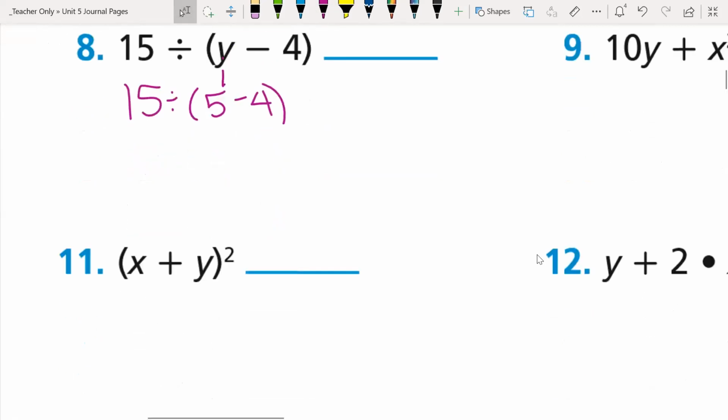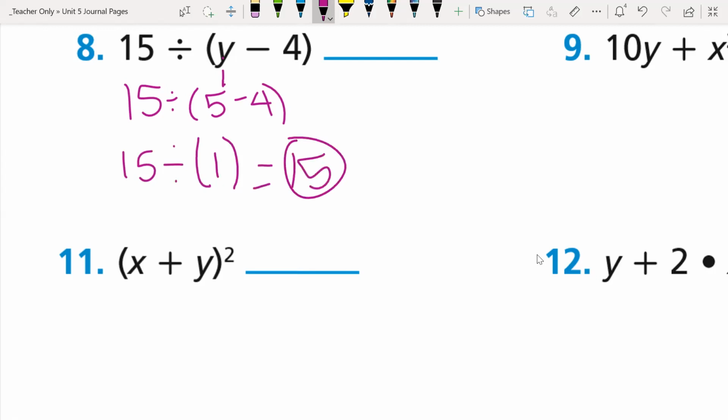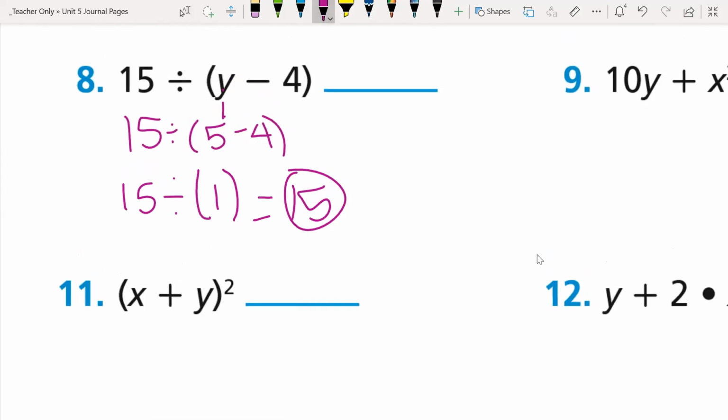Okay. So I'm going to start with what's inside of my parentheses, which is 5 minus 4. 5 minus 4 is 1. Sorry, that was bugging me. 15 divided by 1 equals what? 15, of course. So I'm going to write 15 in my answers.